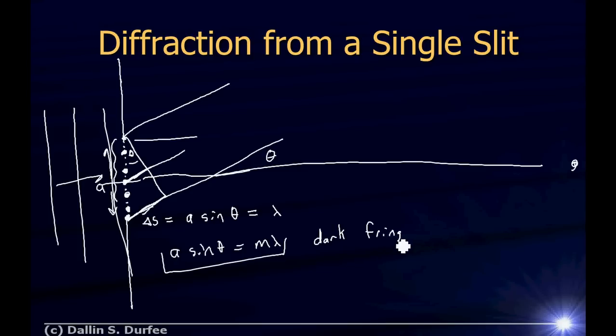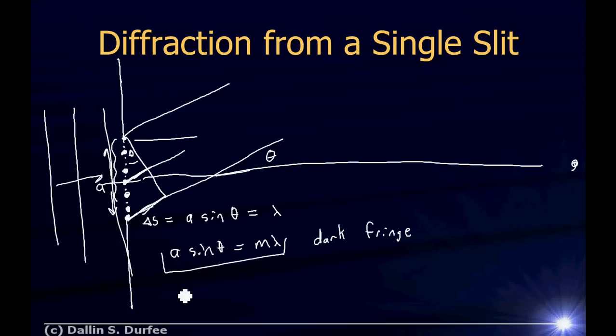If I have a double slit pattern or a diffraction grating or a triple slit pattern, whatever, I would write an equation like this, only instead of A, I'd have D, the distance between my slits, and that's when I get bright fringes. But when I'm considering a single slit of thickness A, this equation tells me where I get dark fringes.